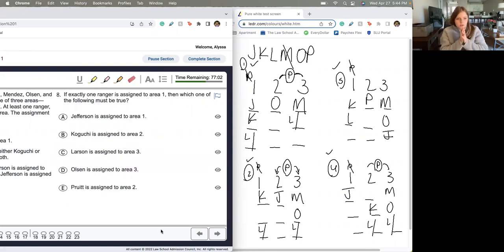Okay, so we're going to move on to number 8, which says if exactly 1 ranger is assigned to area 1, then which one of the following must be true?